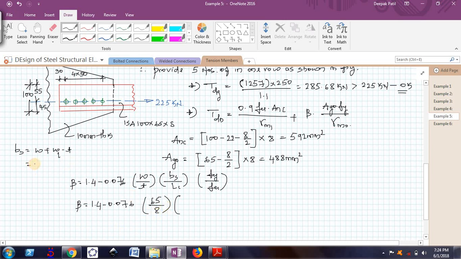So w is 65 plus 45 minus 8, so I am getting 102. Okay, so it is 102 divided by Lc, the distance between the outermost bolts, which is 4 into 50, which is 200.